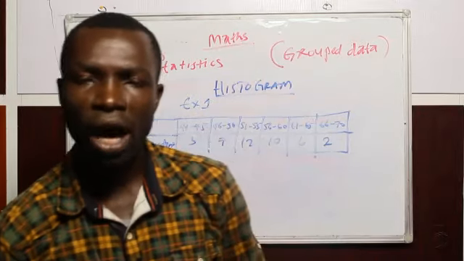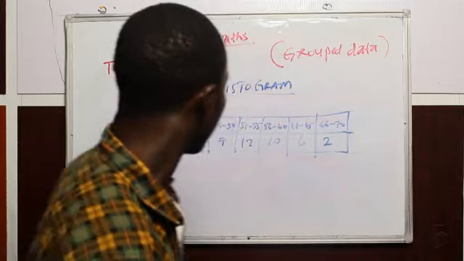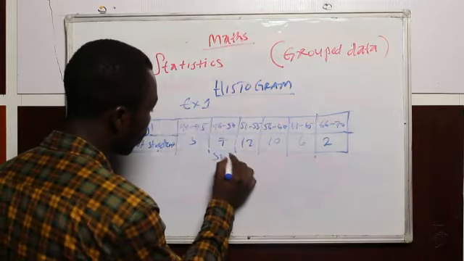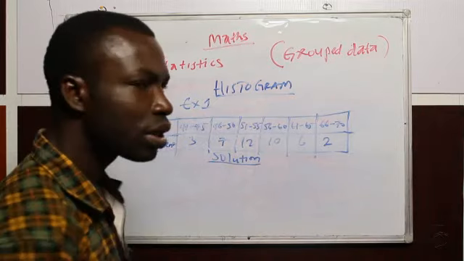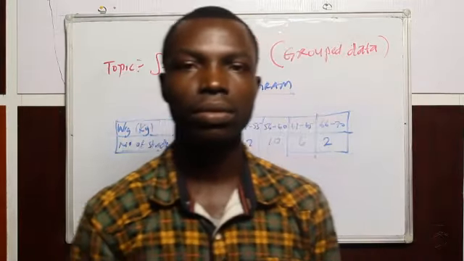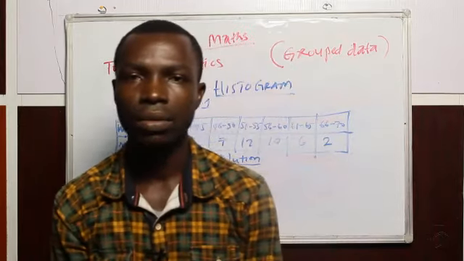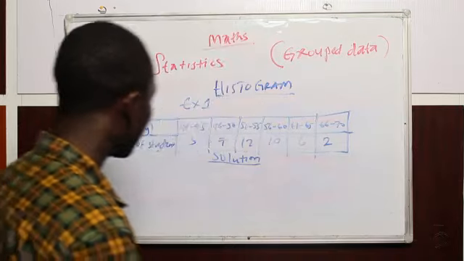Now, how do we solve this question? I would like us to look at this solution. The first thing we need to do is for us to write the table. And this is how the table looks like.